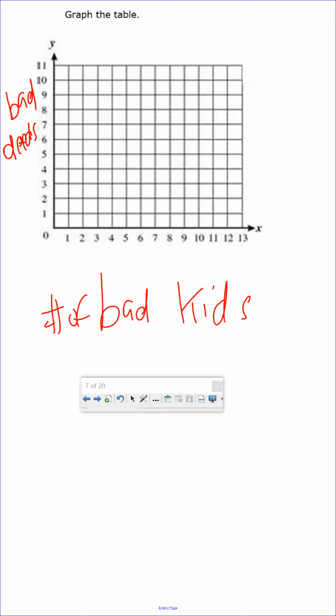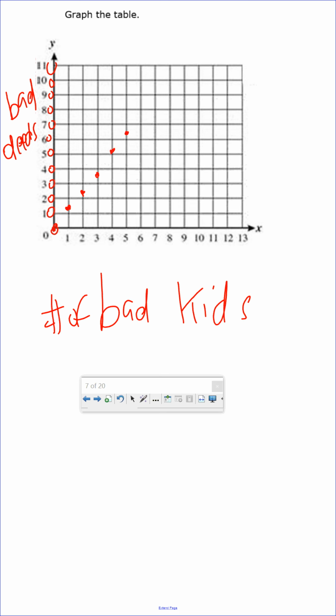One kid does 13 bad deeds. You know what? I think we're going to have to add 0 here. 0 kids do 0 bad deeds. One kid does 13. 2 kids would do 26. 3 would do 39. 4 would do 52.